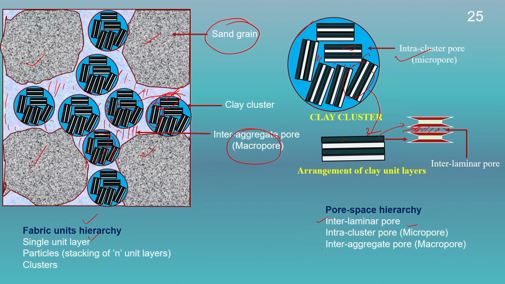And finally, all these clusters will occupy the inter-aggregate pore space. When the swelling is completed fully, at that point the inter-aggregate pore or macropore will be the minimum one, or will decrease in its volume.